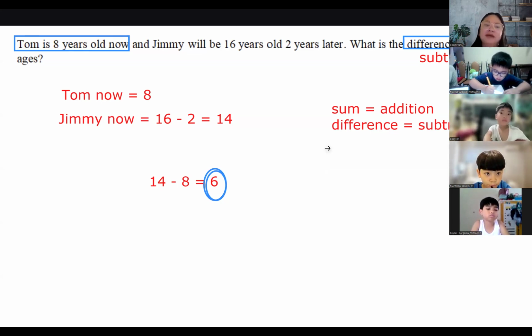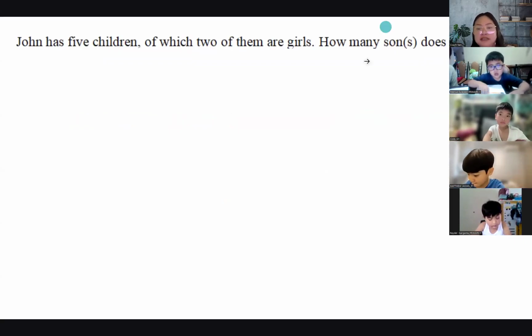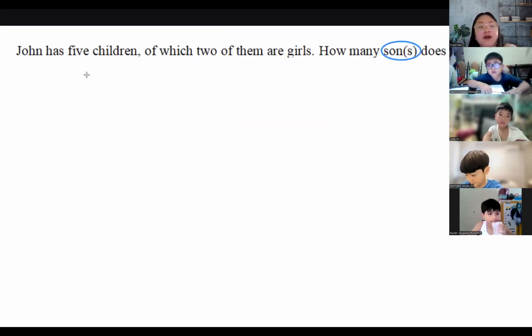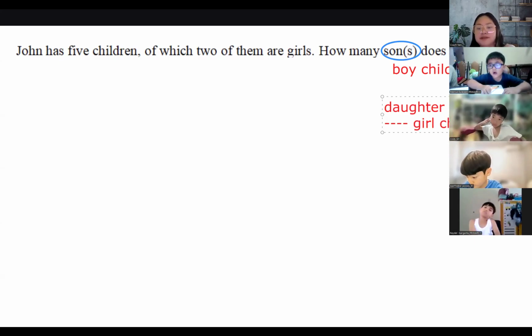Okay, number 3. John has 5 children, in which 2 of them are girls. How many sons does John have? So what does sons mean? When we say sons, these are boy children. When we say daughter, that means girl children.